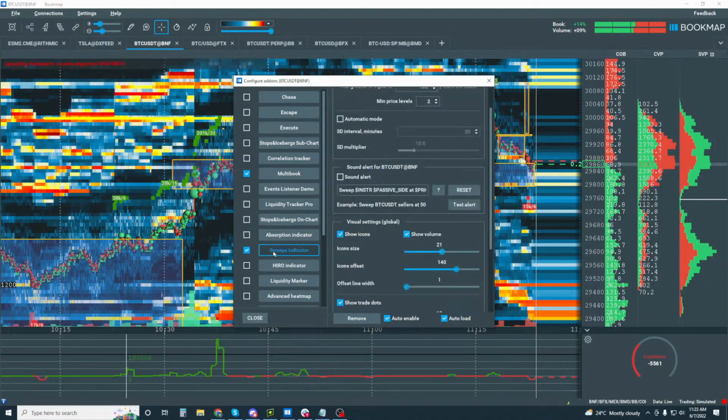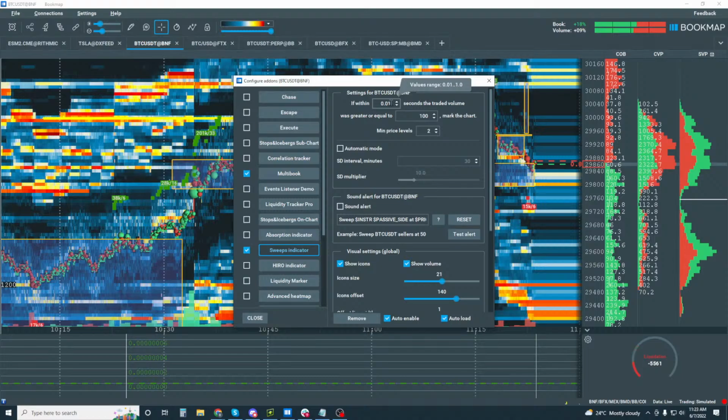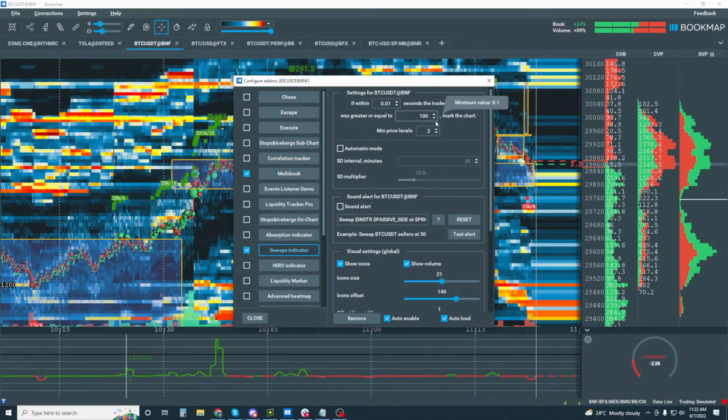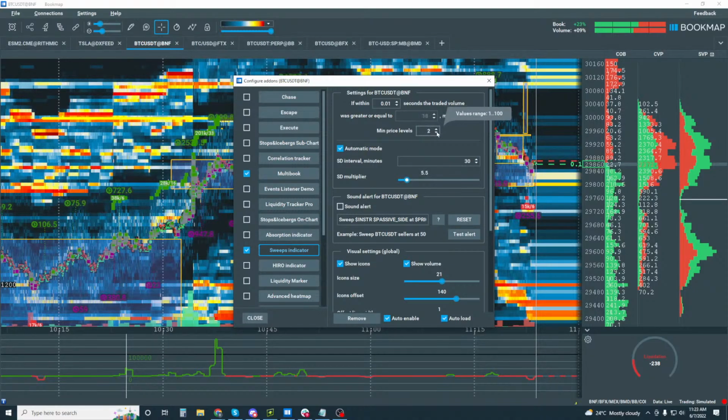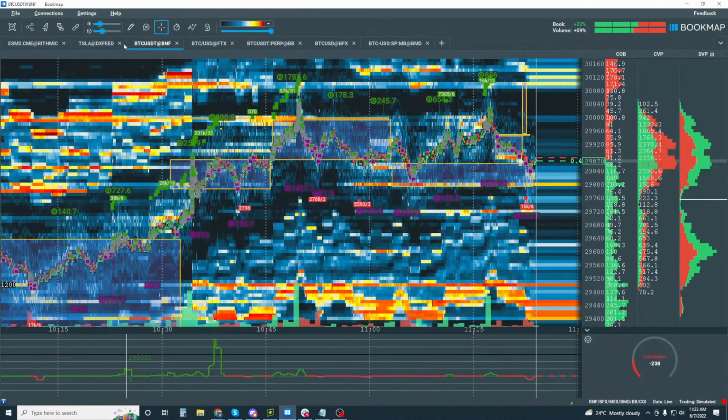Very simple indicator, and it's just showing within a very small time frame that a lot traded very quickly over multiple price levels. So let's put in three price levels here.